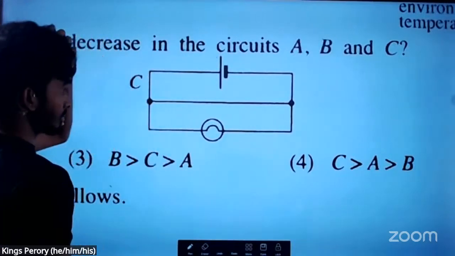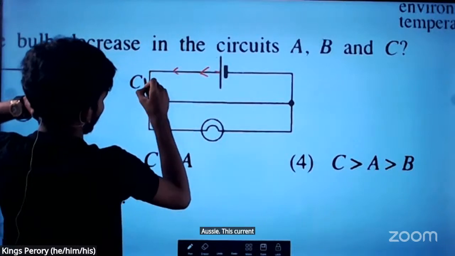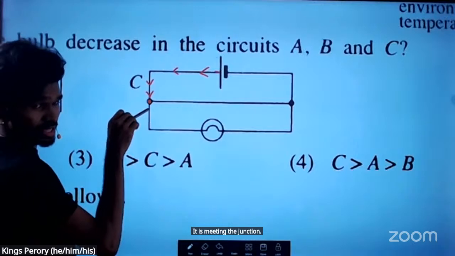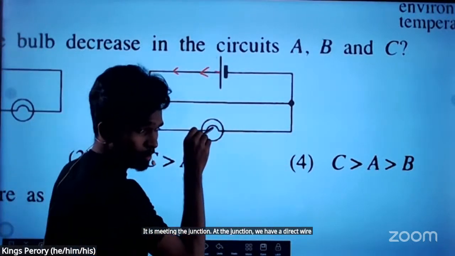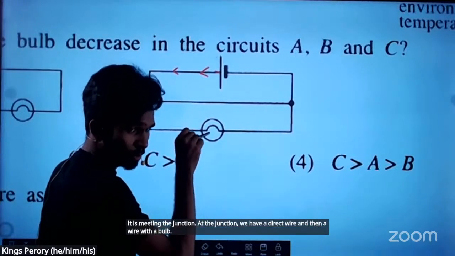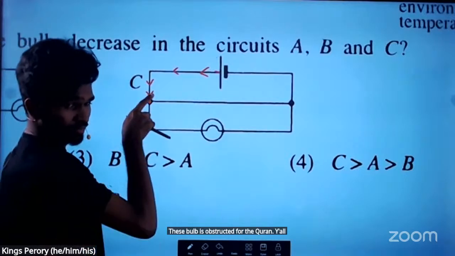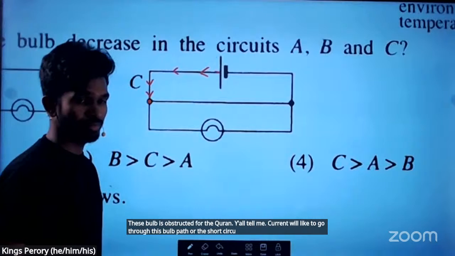Now see, this current is coming, it is meeting the junction. At the junction, we have a direct wire and then a wire with a bulb. This bulb is an obstacle for the current. Will the current like to go through the bulb path or the short circuited path?